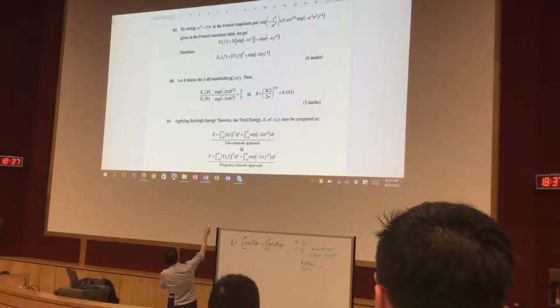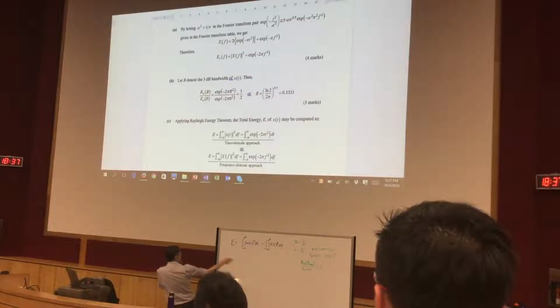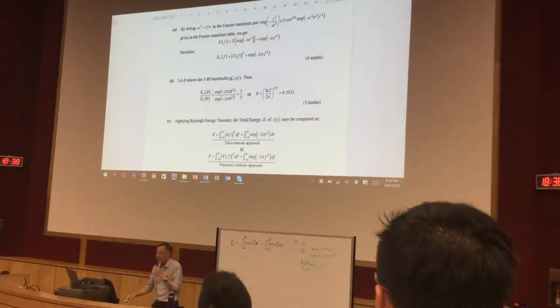Okay, so one of the pi will cancel, you will get this in f squared. So the energy spectral density is this squared, so you get a 2 in front here, because it's squared. Then this one is what I showed you here. Alright, substitute inside, you can find B, which works out to this. Rayleigh theorem is time domain, frequency domain, same pain. Alright? No advantage. So, yeah.